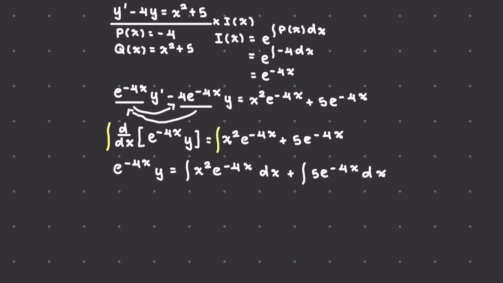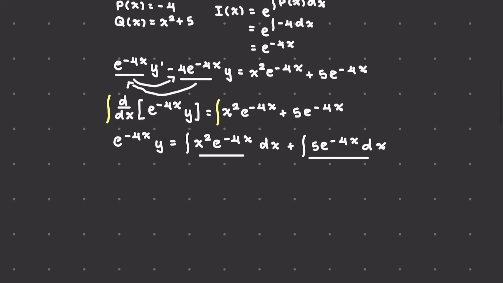Recognize here, I split our right side into two integrations, because this side is pretty easy to integrate, but for the left side here we need integration by parts. So it's better to split it into two integrations, since we need to use two different integration methods.